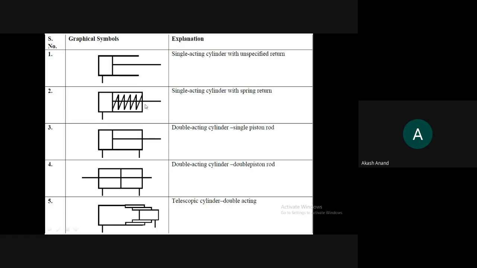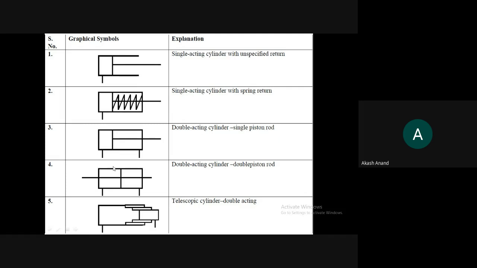Coming on to the next symbol, you can see that for this cylinder, piston and rod, there are two ports for the cylinder, one for extension and one for retraction. So you can simply understand that this is the symbolic representation of a double acting cylinder with a single piston rod.